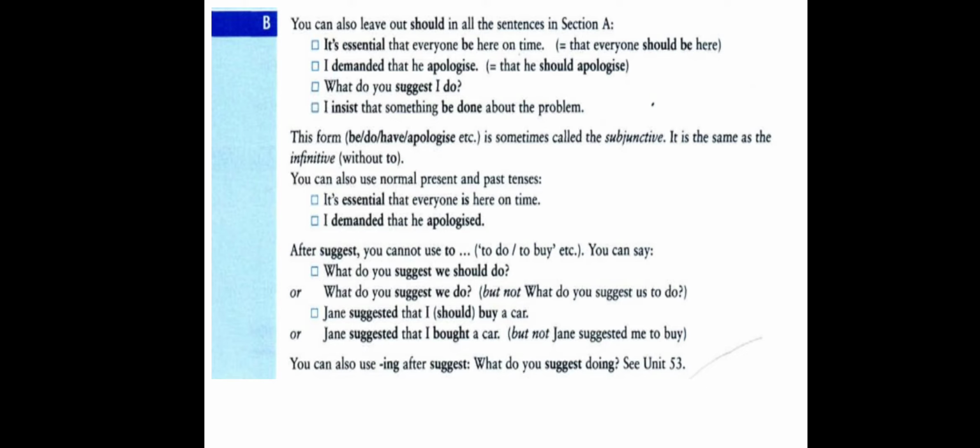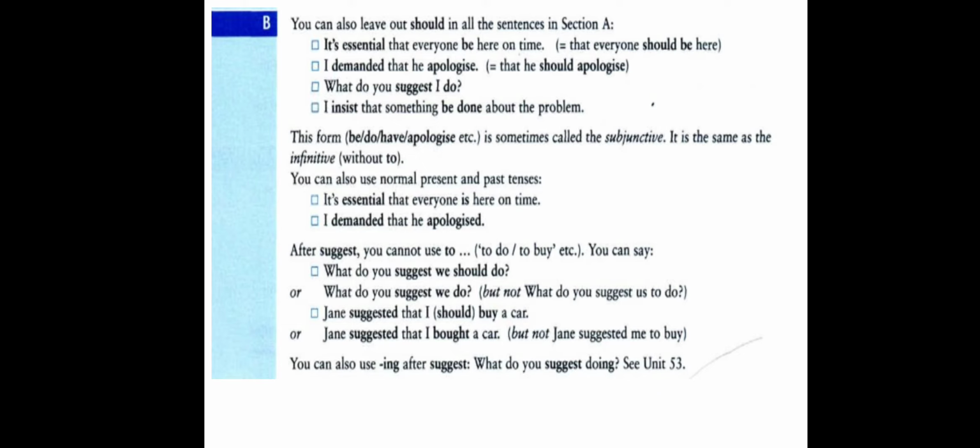In the previous one, we have should plus the base form, or we have the base form and should is hidden, which is called subjunctive mood. Now we have another two rules where, after these adjectives or verbs, we can use that clause, but the verb included in the that clause is in the present simple or in the past simple.